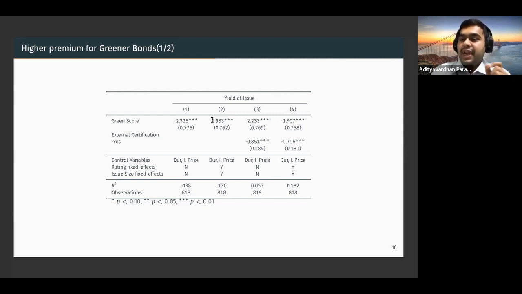However, the impact of green score, or greenness of the bond, is higher than that of external certification. This implies that even if you have a bond which is certified by an auditor or a third party, the attribute of the bond being more green results in a lower yield at issue. Next slide, please.